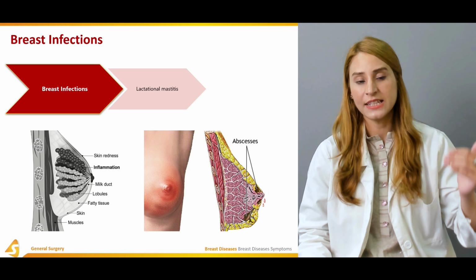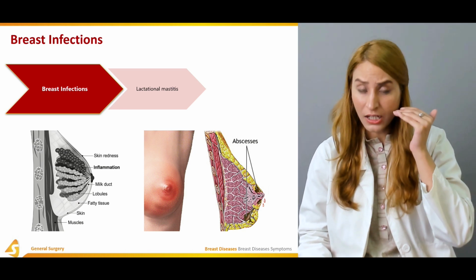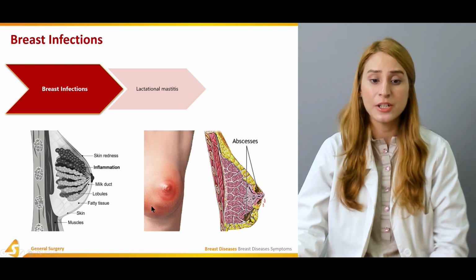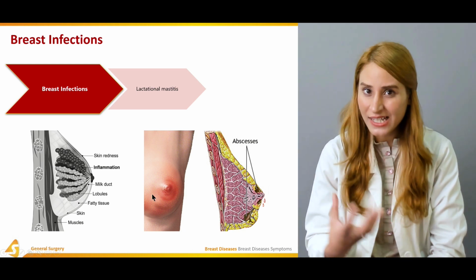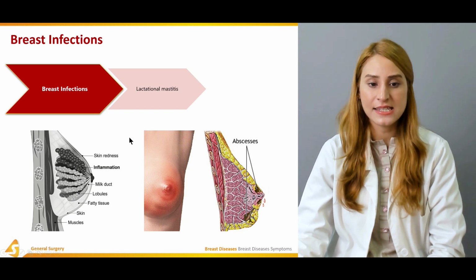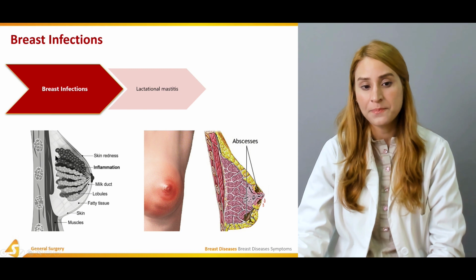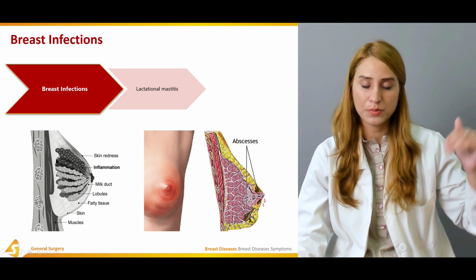inside the breast tissue, like inside the parenchyma, or maybe the lobules or the ducts, they're infected, and the patient will present to you with all the signs of inflammation: redness, pain, swelling, all these things. And inside you can see this is skin redness. The whole lobule is inflamed because of the penetration of that particular organism.